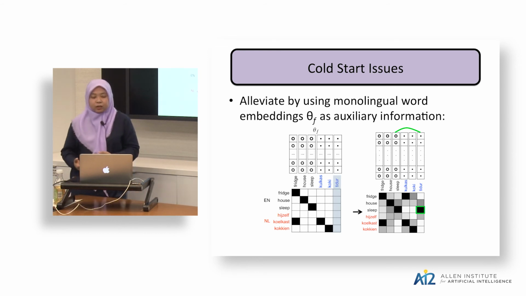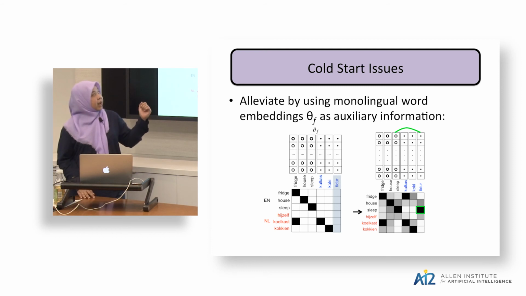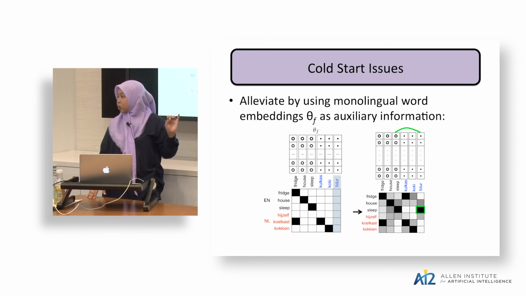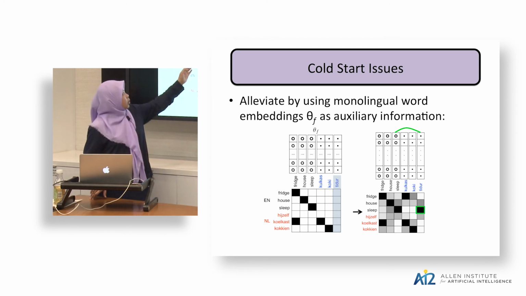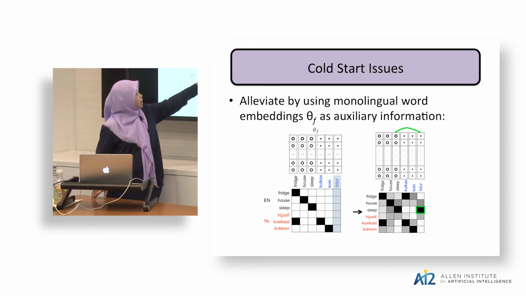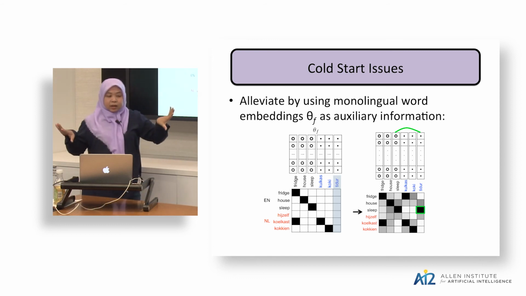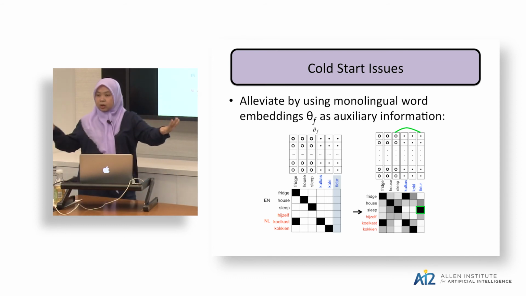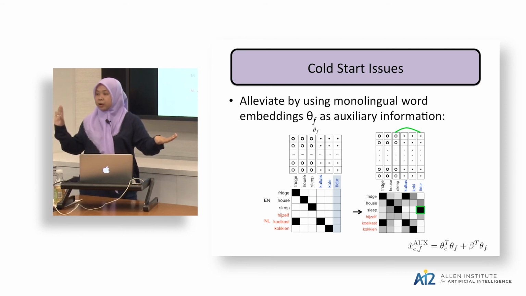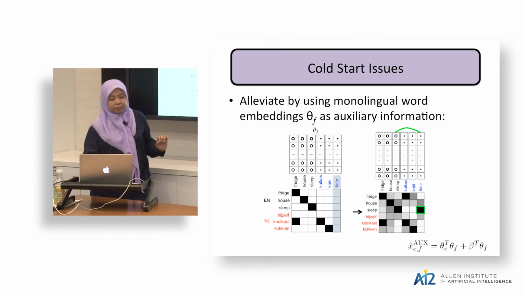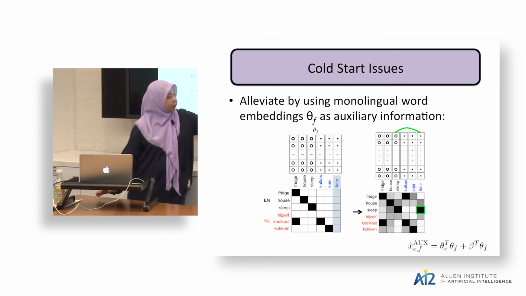And so to alleviate it, we want to add auxiliary information in the form of word embeddings. For each of these words in English and each of these words in Indonesian, we can learn their word embedding separately on the English corpora and on the Indonesian corpora. And then we can add them as auxiliary information.